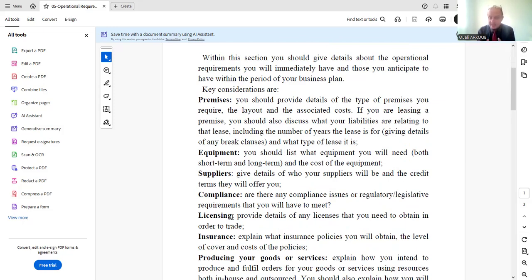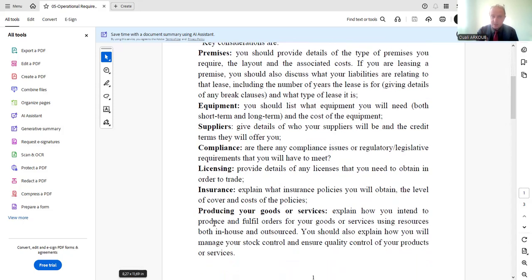Provide details of any license or patent that you need to obtain in order to trade, like trademarks, which are a type of license. Insurance. Insurance is a very important element in requirements. Explain what insurance policies you will obtain, the level of cover and cost of the policies.